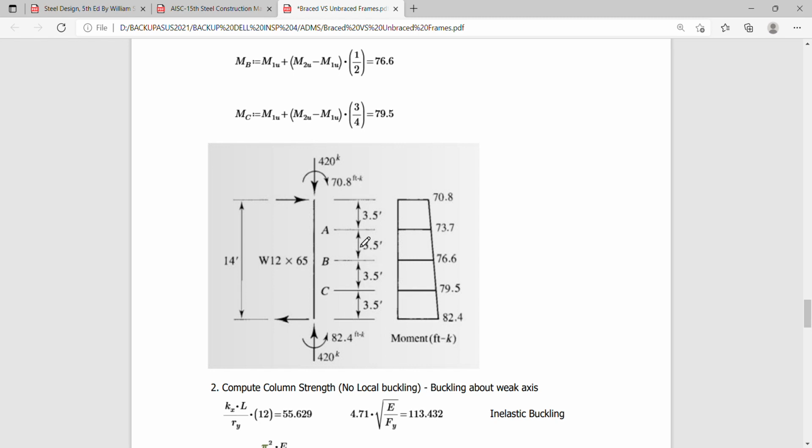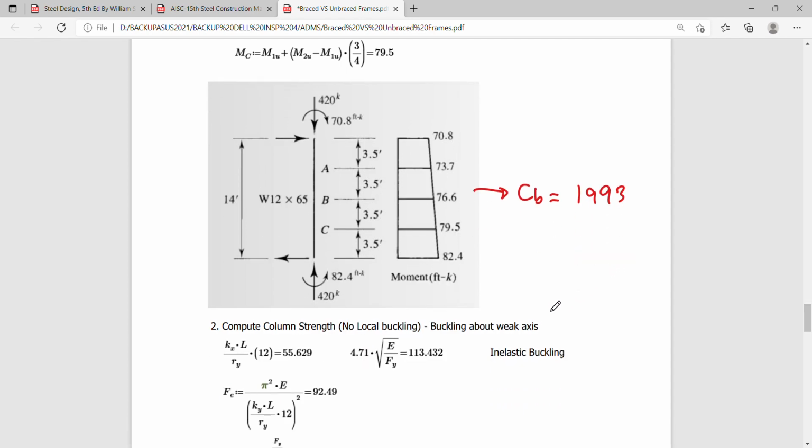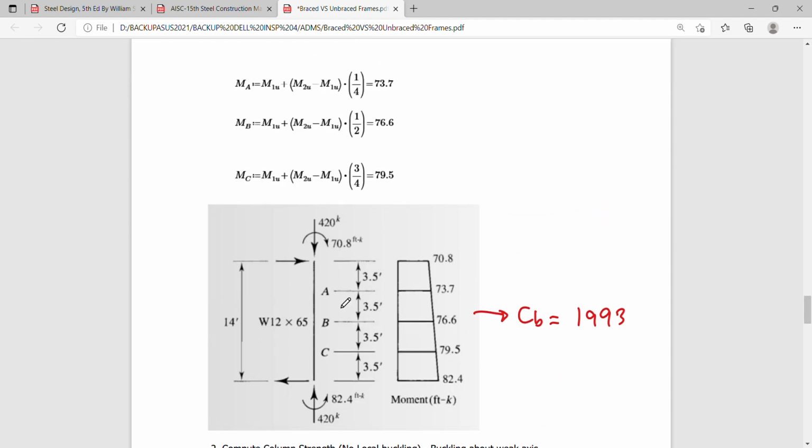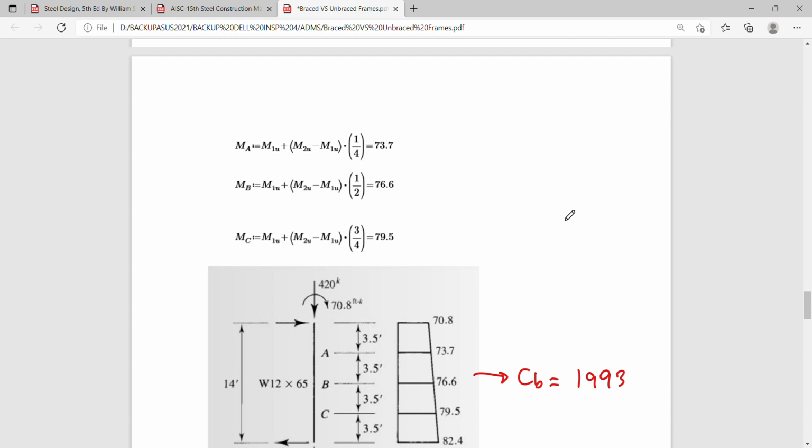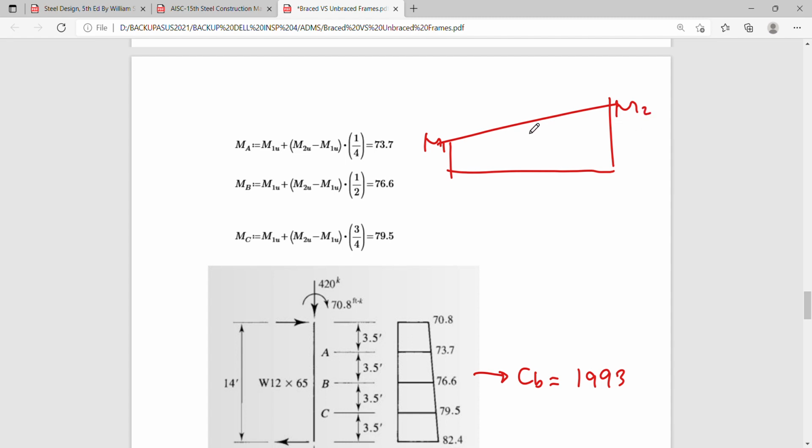So the use of getting the moments at the quarter points here is for us to be able to solve later the value of Cm using the equation of the AISC 1993. Okay, and these values are readily computed by simple proportioning, wherein if I just want to look into a linear proportion, if I have here an M1 value and M2 there, so these values here are simply proportional to the distances.